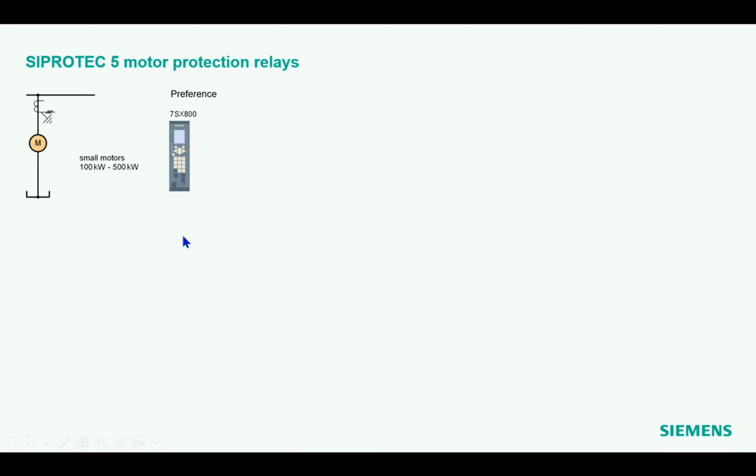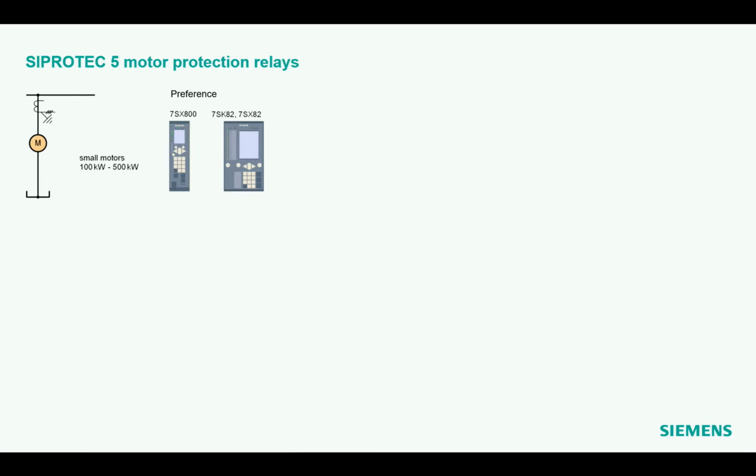So what is special to this relay is that it is small, so not large, but small in that dimension, in that direction here. And with this, we have, as a consequence, a limited number of IOs, inputs, outputs. The next bigger, let's say, class of protection relay is the 7SK82.